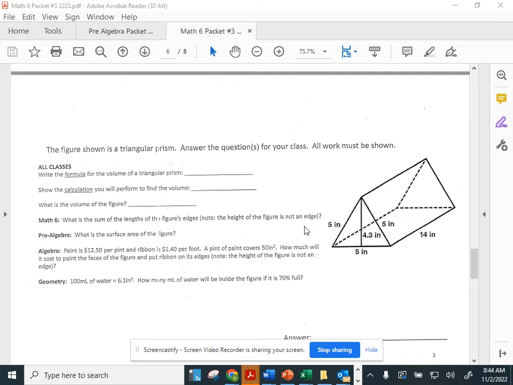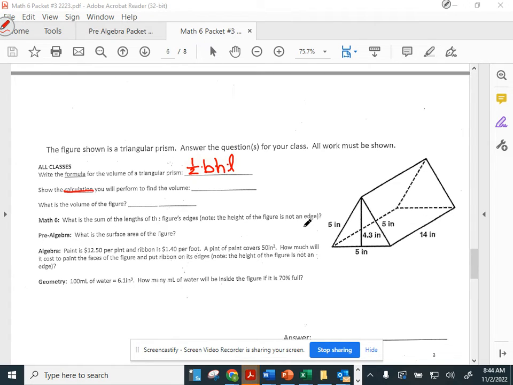So you need to write the formula for the volume of a triangular prism, which is 1/2 base times the height, which is how we find the area of the triangle. But because it's a prism, we are also adding in our length. So it's 1/2 times our base times our height times our length.